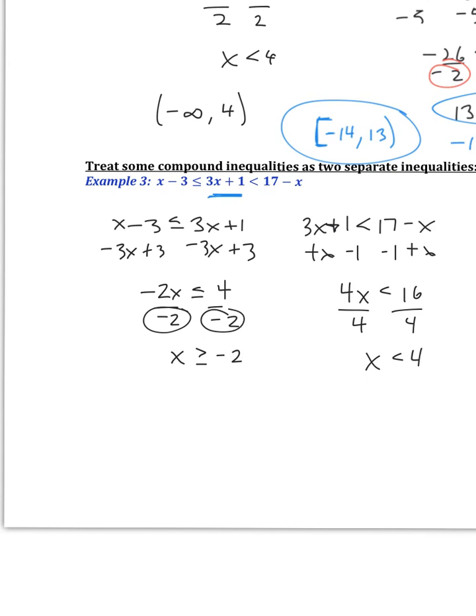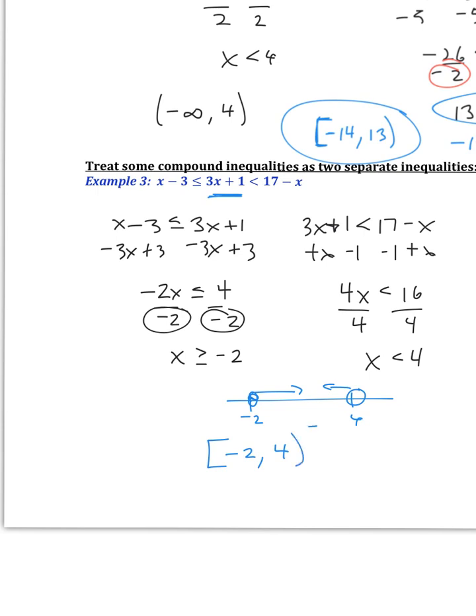If you need to, in order to understand how to do it on a number line, you can always picture it this way. We've got negative 2, we've got 4, we want greater than or equal to negative 2, and we want less than 4. And so our interval is going to be negative 2 to 4.